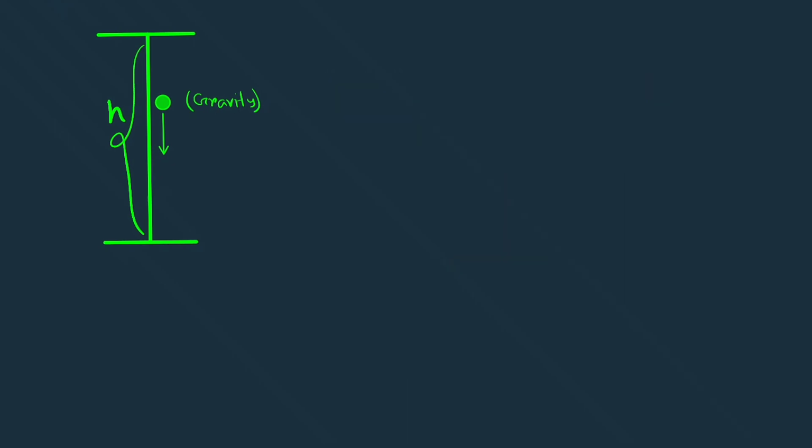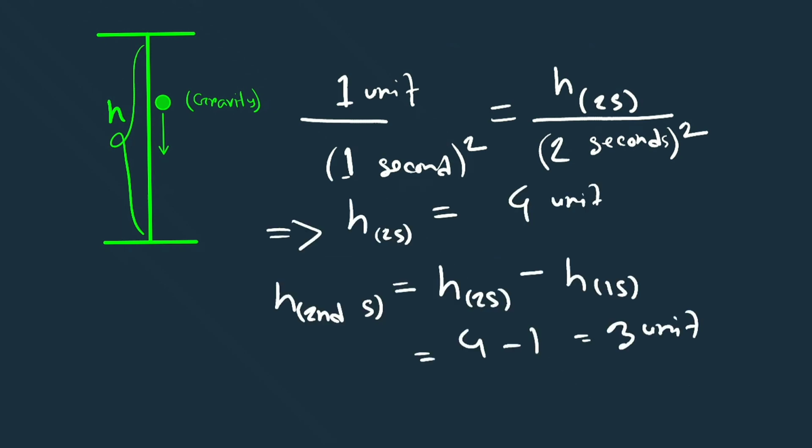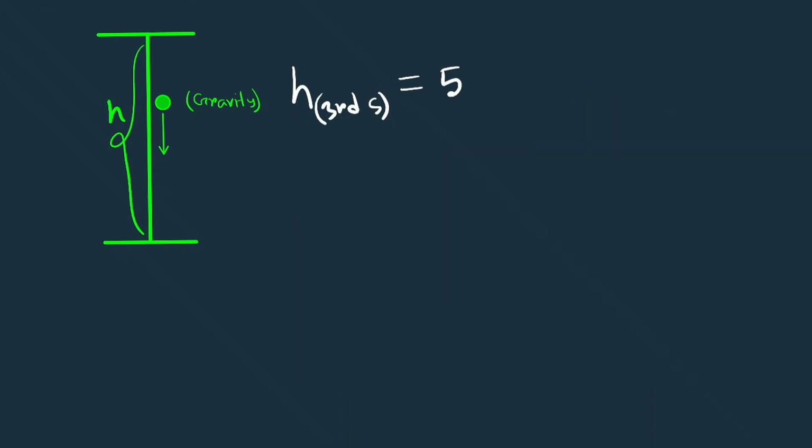Now let's say in the first second it covers 1 unit distance. Then according to Galileo's law, in the second second it will cover 3 unit distance. Similarly, we can show in the third second it will cover 5 unit distance, in the fourth second it will cover 7 unit distance and so on. So in each second it is covering the next odd number of distance.